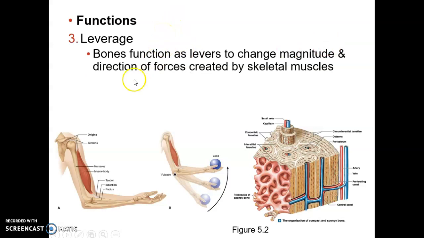Leverage. So bones function as levers to change magnitude and direction of forces created by skeletal muscle. What this means is a skeletal muscle will span a joint, meaning it reaches beyond a joint in terms of the attachment sites. Muscles are special tissues that contract.